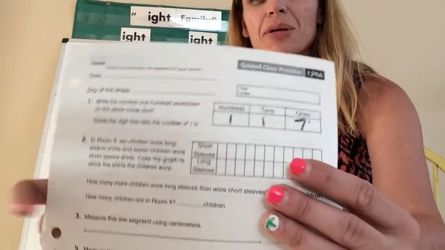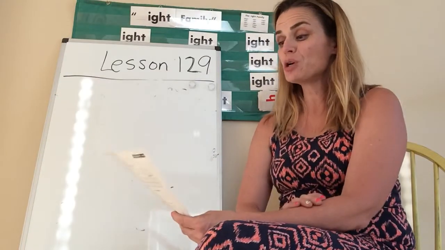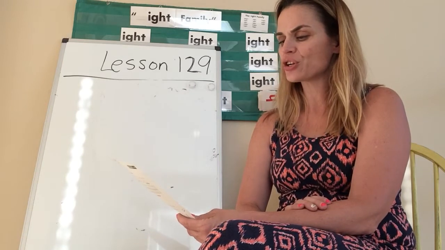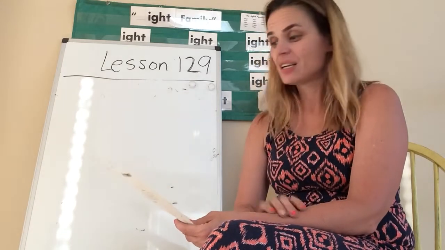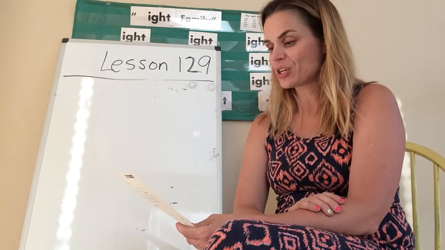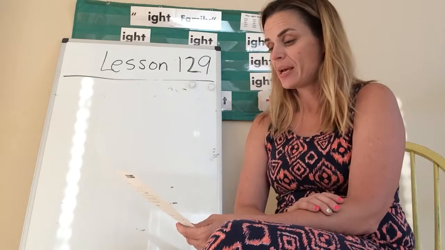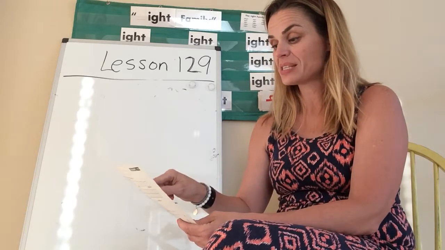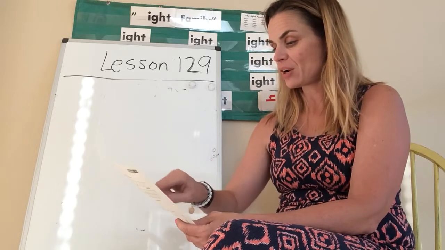Now take a look at number 2. Number 2 says, in room 10 children wore long sleeve shirts. Color in 10 squares in one color for long sleeve shirts, and that starts with L. Then 7 children wore short sleeve shirts. You're going to color in 7 a different color.